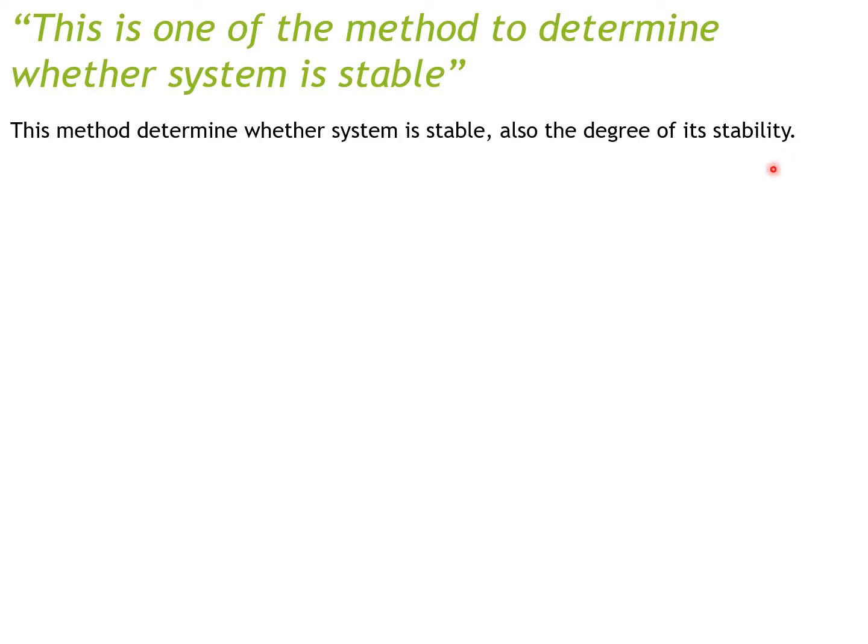Okay, so this method will be used to determine whether the system is stable or not. I believe back in the late 1890s or the early 1900s, I'm not so sure, there's a gentleman whose name is Harry Nyquist.